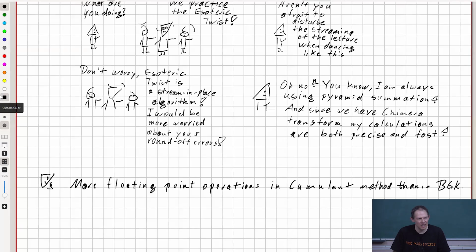Actually, the compute time does not increase as much as you would expect, or not necessarily. It depends on how you implement this. The reason is that on a modern computer, so this was different when I was young, nowadays the memory access is much more expensive than the calculations.